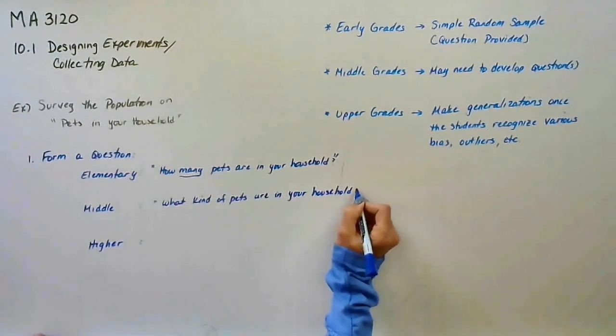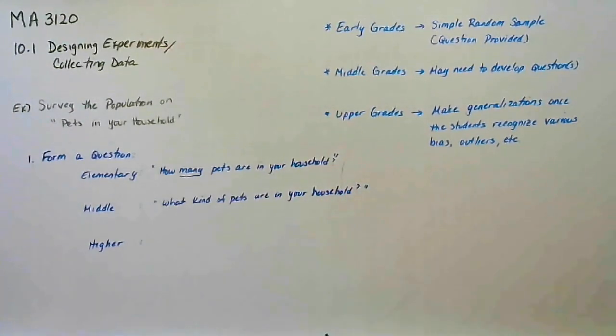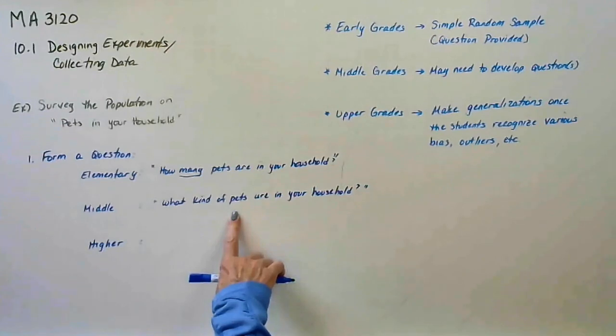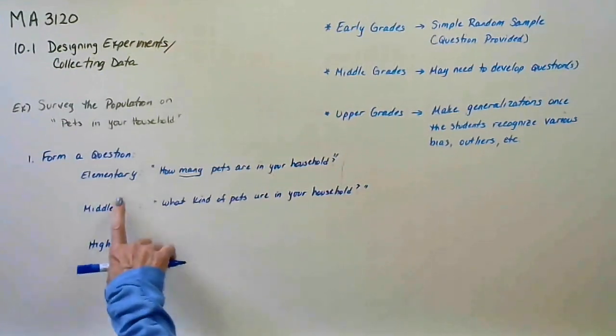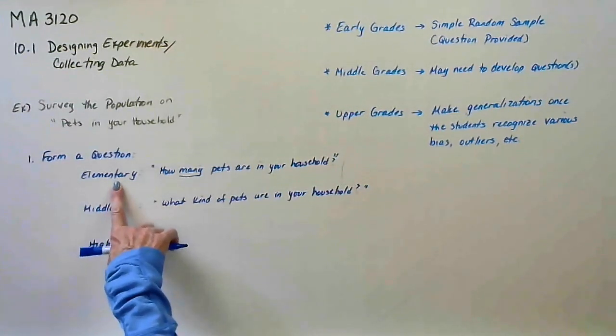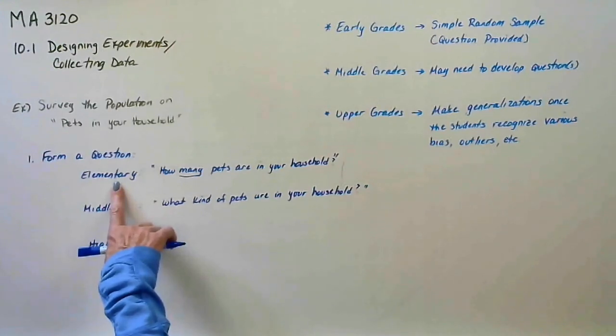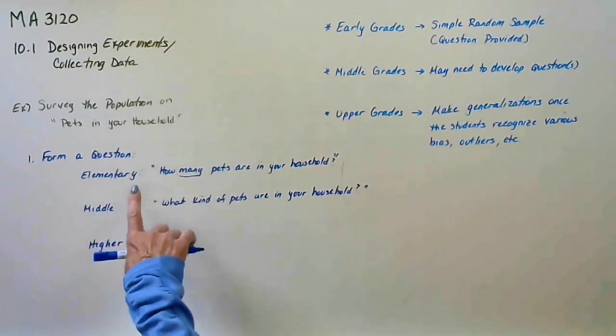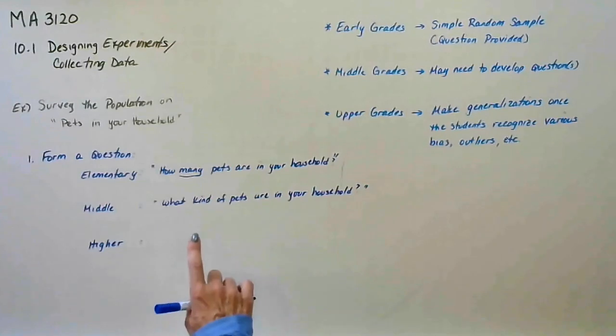So now what we're going off of is, it's not just a number, but now, because you've got what kind of pets, they need to be able to infer the differences between dogs, cats, birds, fish, whereas the elementary, the littlest ones, are just looking for a total number. So they just walk around the house. They may not know what a ferret is called, but they know it's a pet. Or they may not know how to say iguana, but it's a pet. So they're just looking at a number. So middle, what kind of pet?